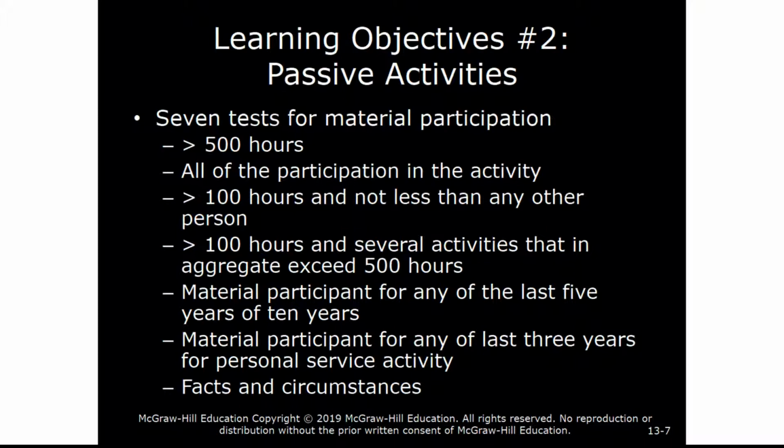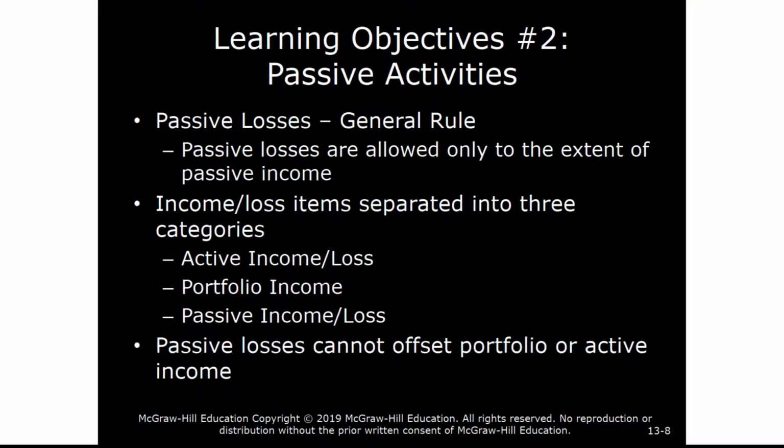This one is really the least reliable test because it's very subjective. So it's better if a taxpayer can use any one of the previously mentioned tests to justify that their participation in a business or trade is material, and again, therefore not subject to the passive loss rules or the at-risk rules.